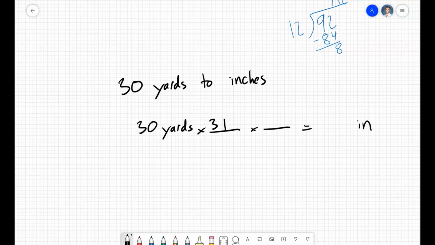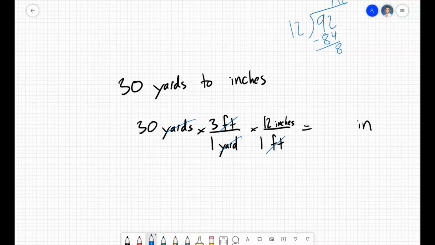There are 3 feet in 1 yard. And there are 12 inches in 1 foot. And you'll notice, again, I can do some canceling out. I've got yards in the numerator and yards in the denominator, feet in the numerator and feet in the denominator. That leaves me with just inches, which is what I want my answer to be.